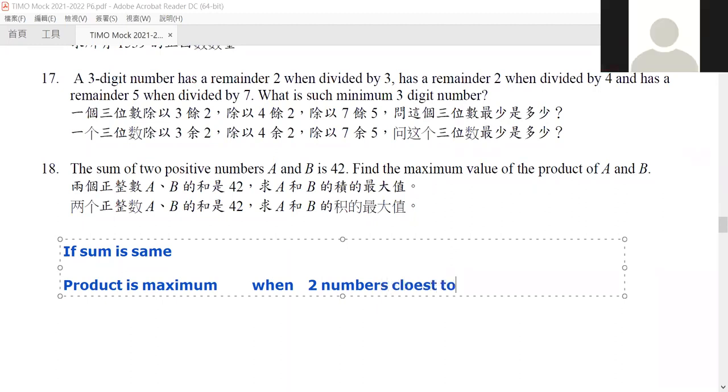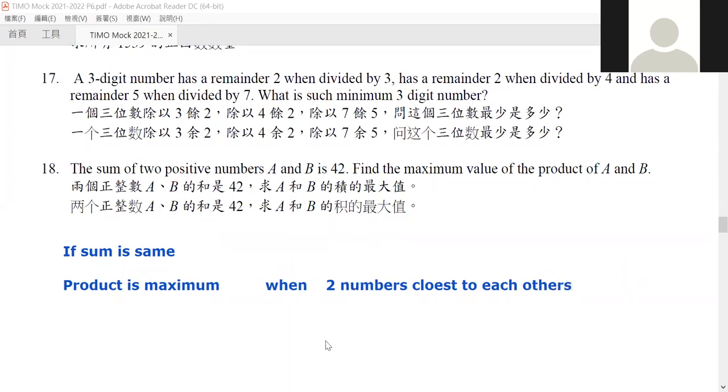This is the most important mathematical fact that we would like to use in this case. Because we know that the sum is equal to 42, what are the two numbers that are closest to each other?